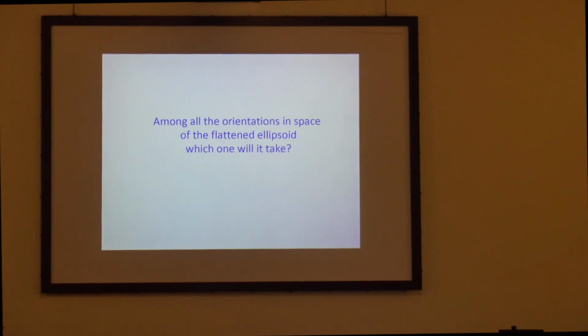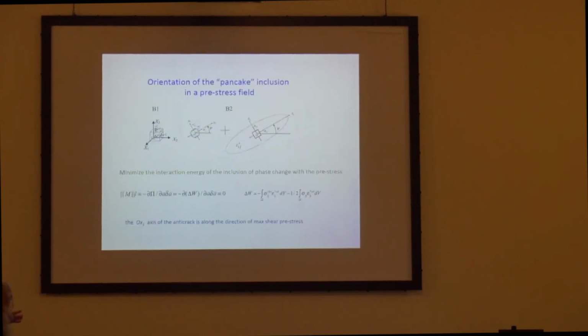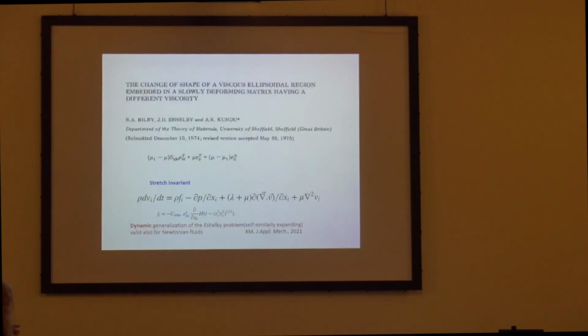So another question, among all the orientation in space of the flattened ellipsoid, which one will it take? It will take the one that will minimize the interaction energy with the pre-stress field. And this is also explained in the initial slide that I showed you. So to minimize the interaction energy, I don't have time to show.